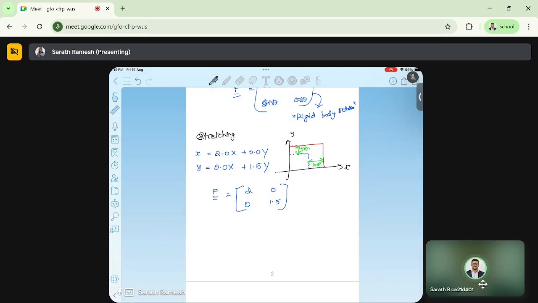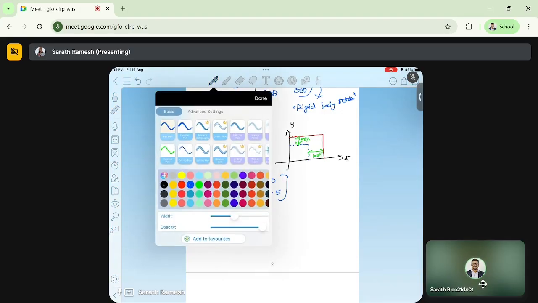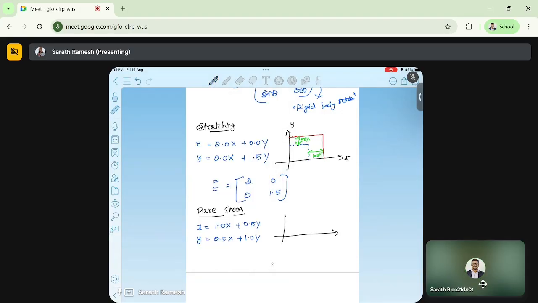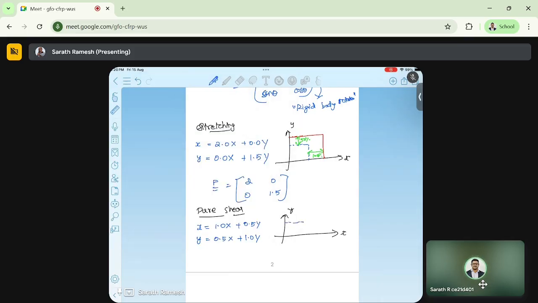Okay, and I can give another example of pure shear. Say suppose x is given by x equal to 1 X plus 0.5 Y, and y is given by 0.5 X plus 1 Y. Okay, now how will it look when we plot x and y? Suppose initially my body is this, the reference configuration.